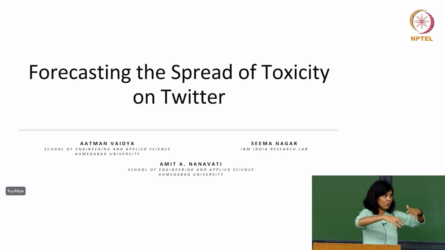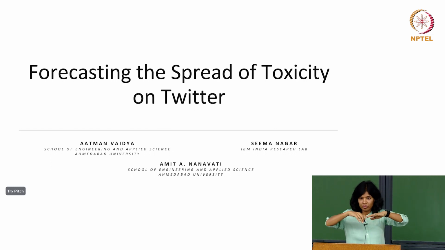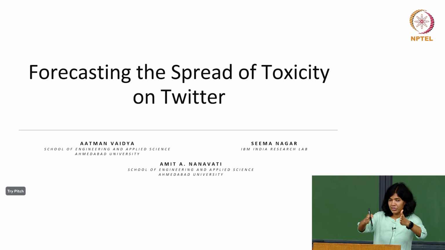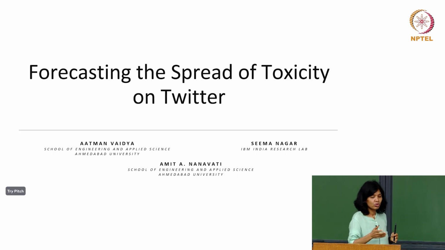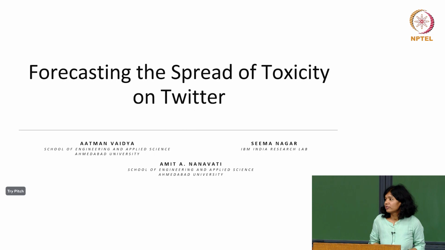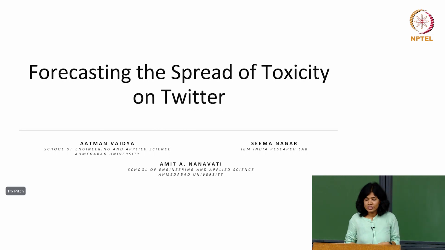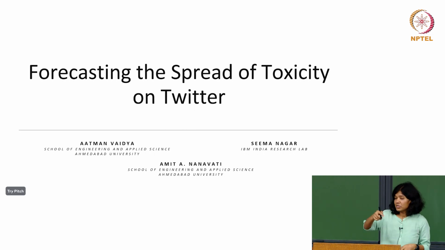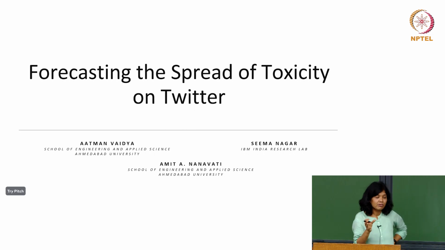I have the whole network, I know the tweets at time t and their toxicity. Can I predict in future what the toxicity of the network will be? Let me give an example.